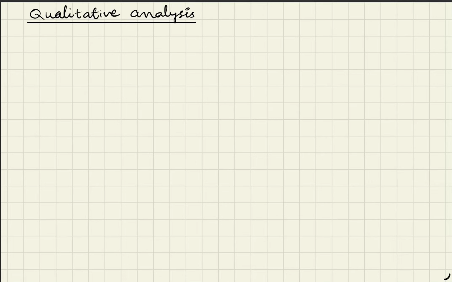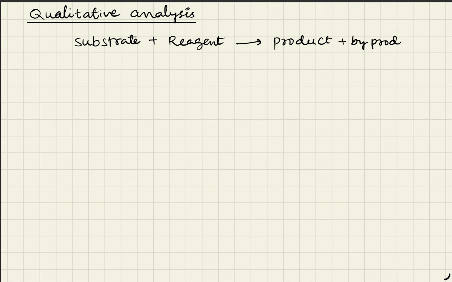Hi, today I want to explain qualitative analysis in organic compounds. When a substrate reacts with the reagent, it gives the product along with maybe a byproduct. The formed product is first purified.